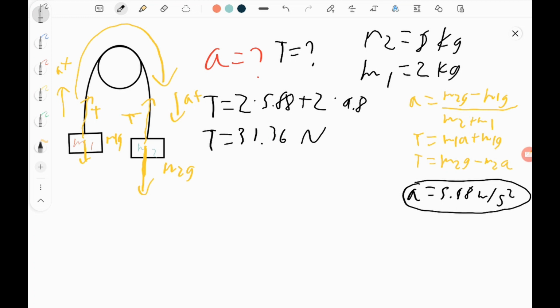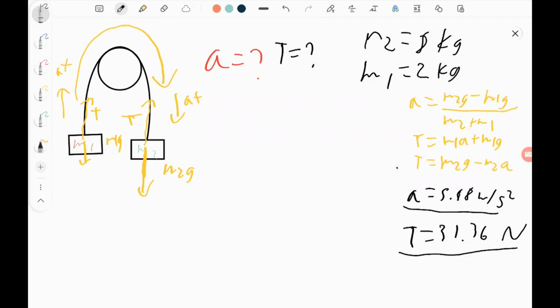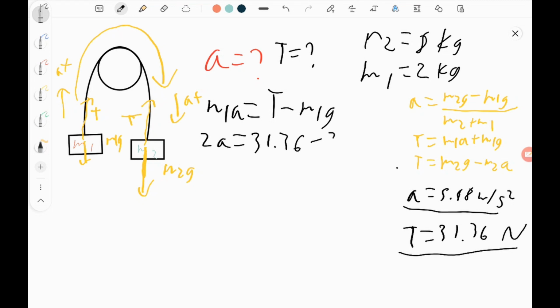So now let's see if we can use this tension and the gravity force to check if the acceleration is correct. So let's verify that the tension is the same in both strings and the acceleration in each block's respective direction is the same in magnitude. So for block 1, we said that the net force M1A was equal to the tension minus M1G. So that means M1, which is 2 times the acceleration, should be equal to the tension, which is 31.36, minus M1G, which is just 2 times 9.8 meters per second squared.